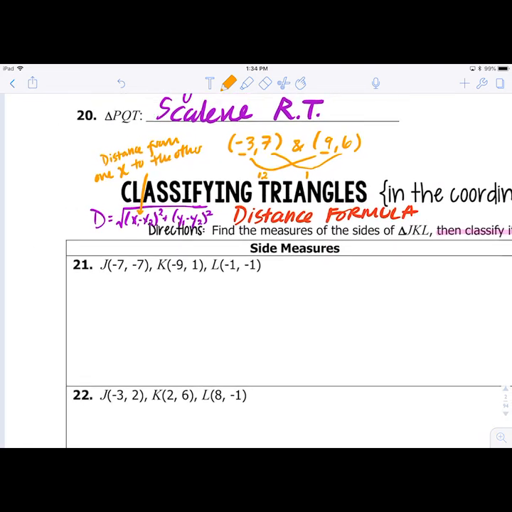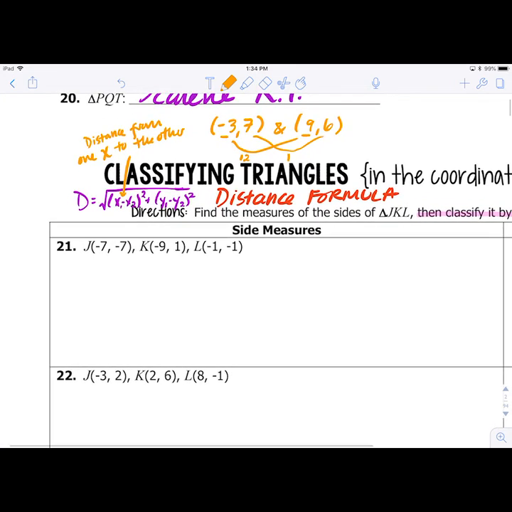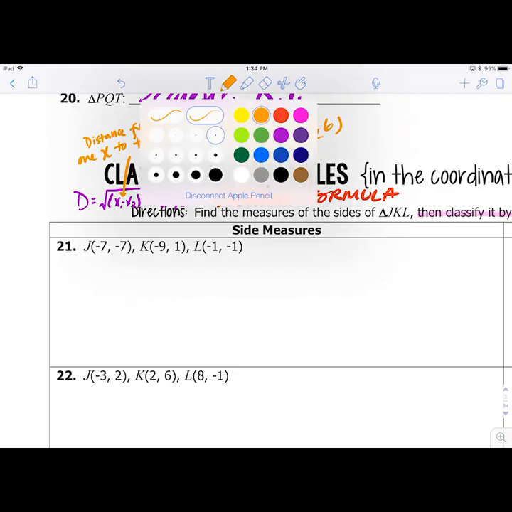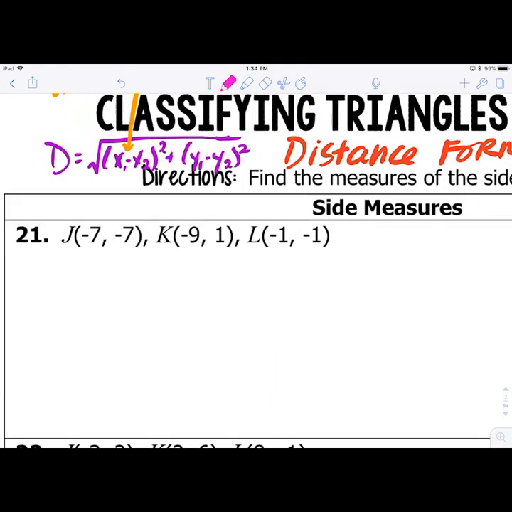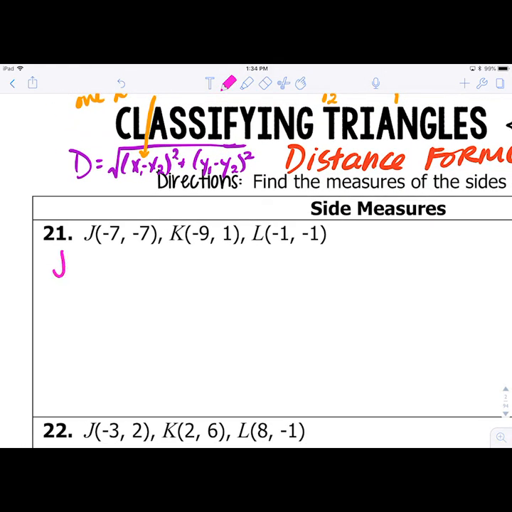All right. So find the measures of these sides. So here's what I need. I need side JK, side KL, and side JL, right? There's 3 sides on a triangle. There's 3 points. You've got to hook up all the points twice. So here we go.